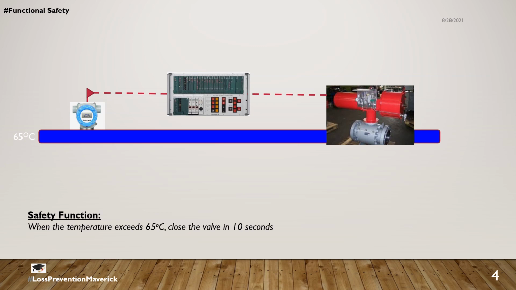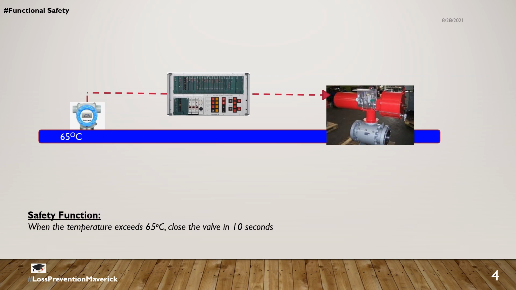Here the same safety function applies to the SIF: when the temperature exceeds 65 degrees, close the valve in 10 seconds. Over a period of time, the process variable reaches 65 degrees Celsius. The temperature transmitter speaks to the logic solver, which then sends the signal to close the emergency shutdown valve. So what happens?